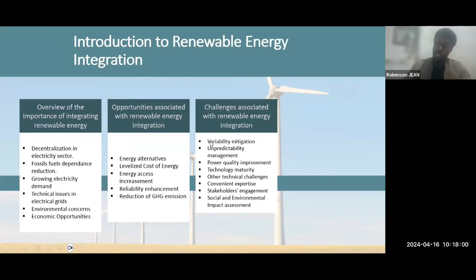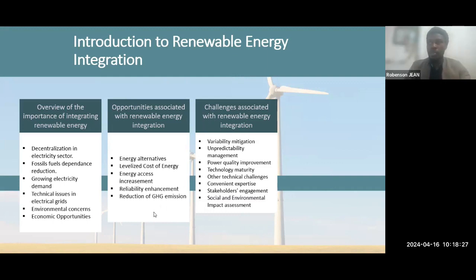For instance, when we are addressing variability, some renewable energy sources are variable because, for instance, if we are considering the solar resource, at this moment, we can have a sunny day, but the next hour, it can be cloudy.